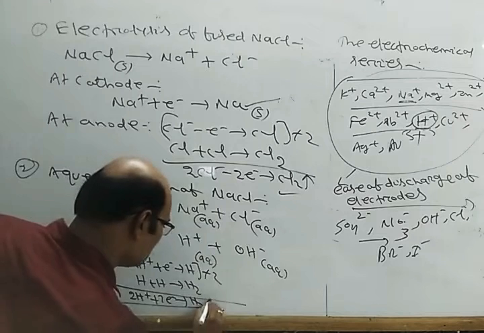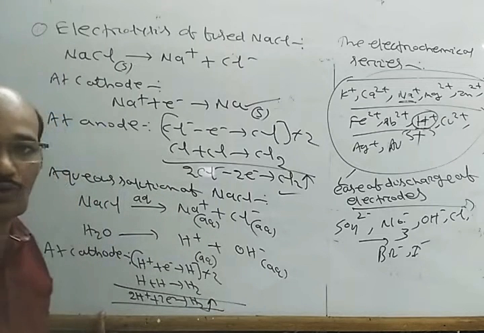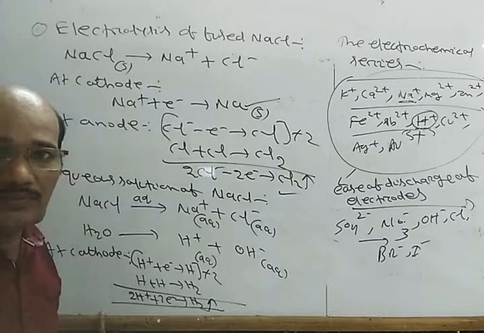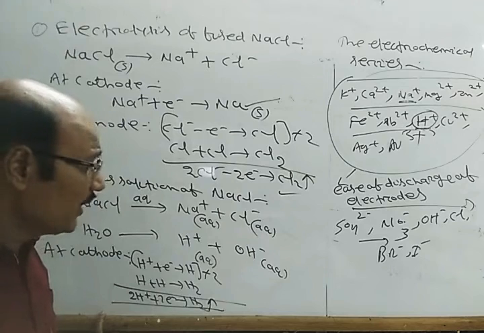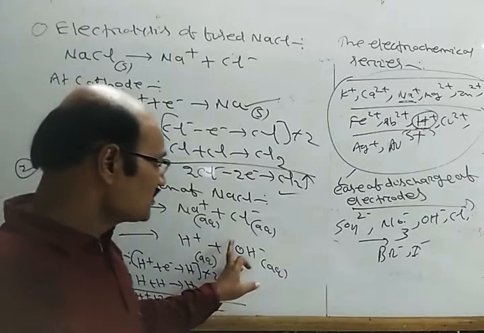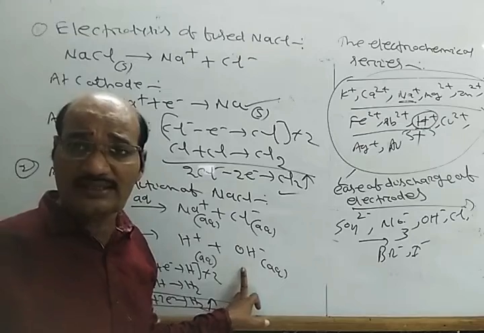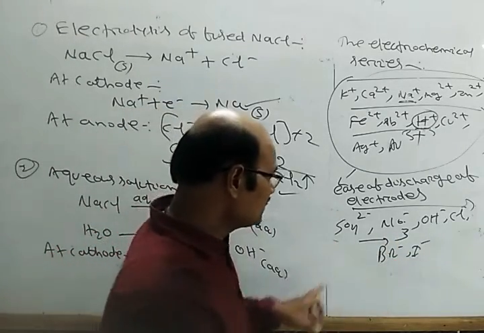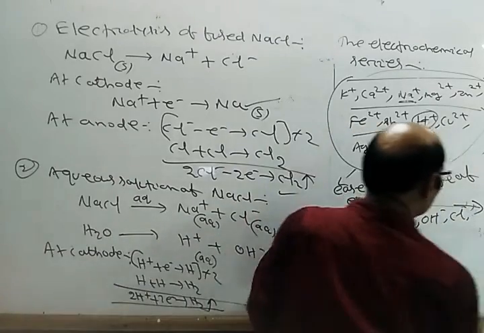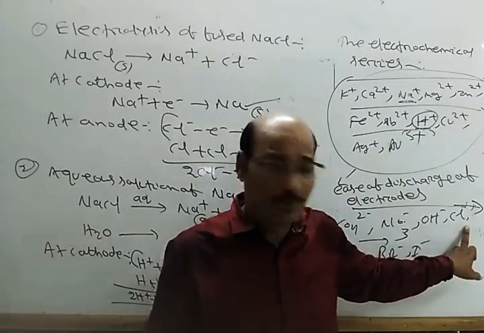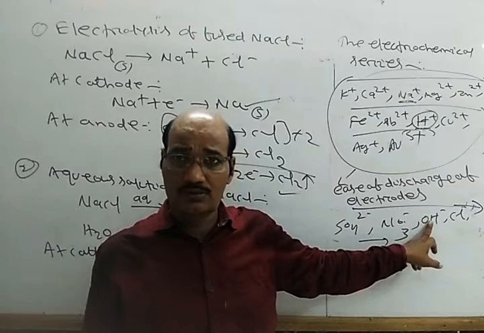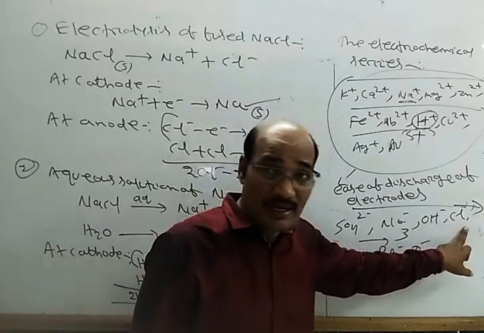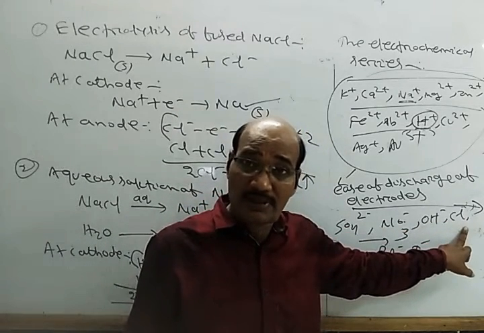So H2 gas will remain at the cathode. Now when you come to the anode, we have Cl- and OH-, two anions. And the Cl- ion has a higher discharge potential as compared to OH-. So the Cl- ion will discharge here.